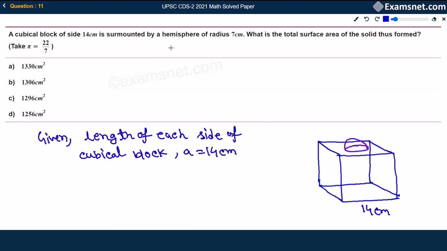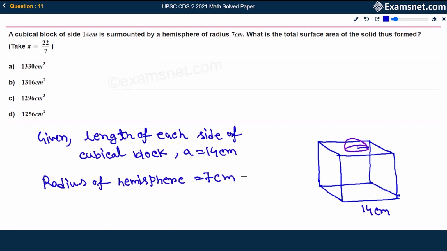Okay, and the radius of the hemisphere, this is the radius is 7 centimeter. Radius of hemisphere, that is 7 centimeter. Now, how can we calculate total surface area of the solid? Look here. How many total surfaces are there in the cubical block? There are 6 total surfaces, correct?